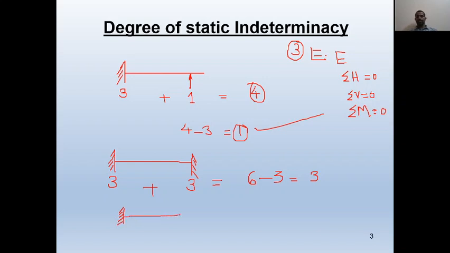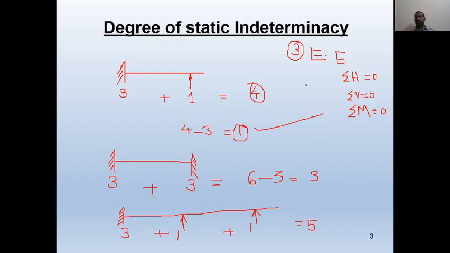So let us say this is a continuous beam with two roller supports along with a fixed support. Let us consider this particular case. Over here we have three unknown reactions at the fixed support, and at each roller support we have one reaction. 3 plus 1 plus 1, total is 5.